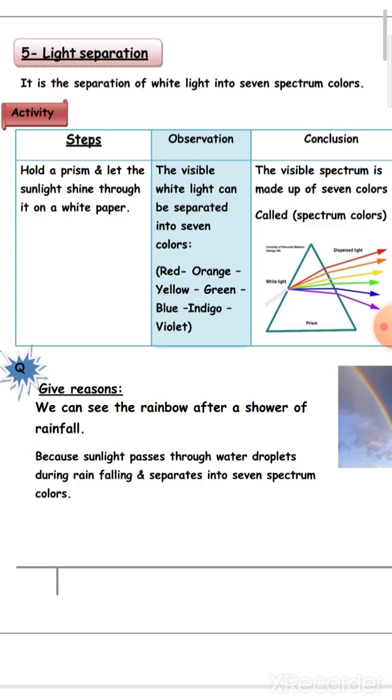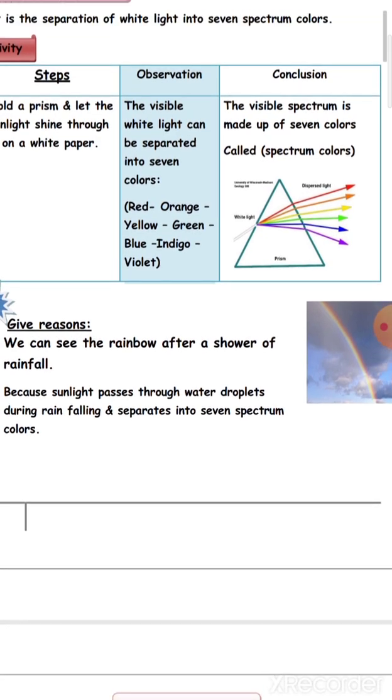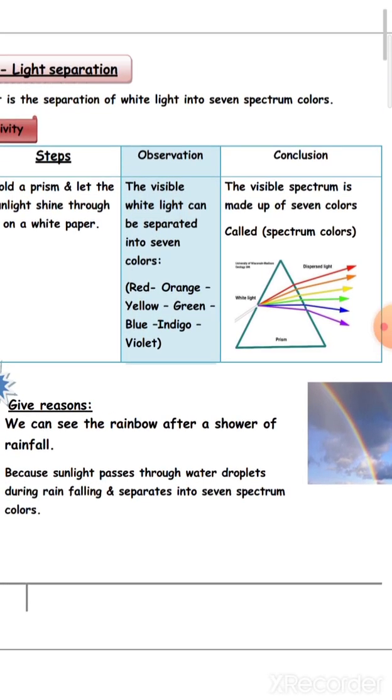If I ask you why we can see the rainbow during the rainfall, we'd say because the water drops act like a glass prism. They do the same work as the glass prism. What will they do? They will separate the white light into 7 spectrum colors. So the water drops of the rain act like a glass prism and separate the white light into 7 spectrum colors.